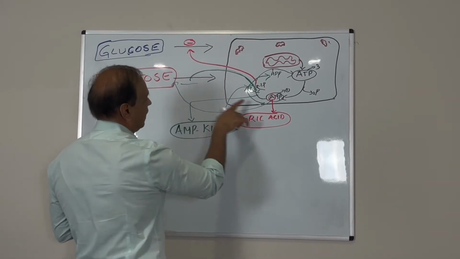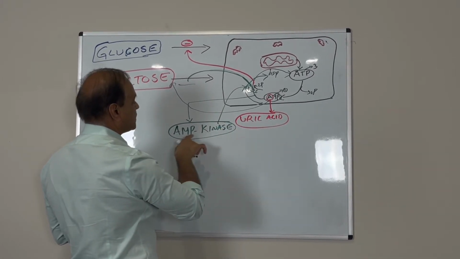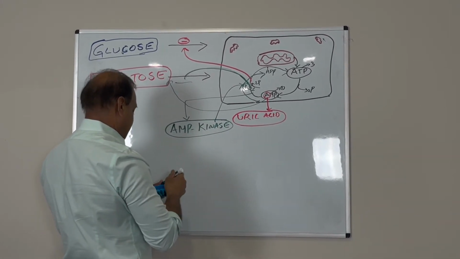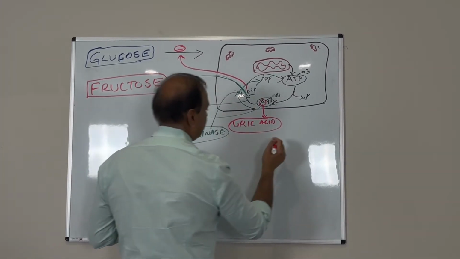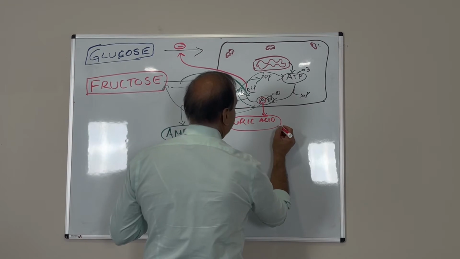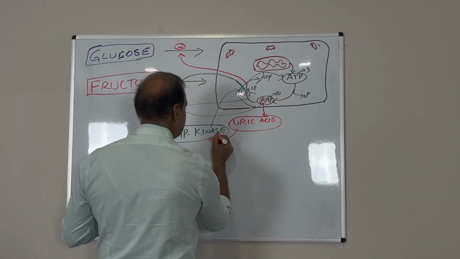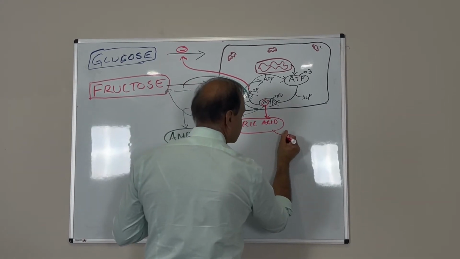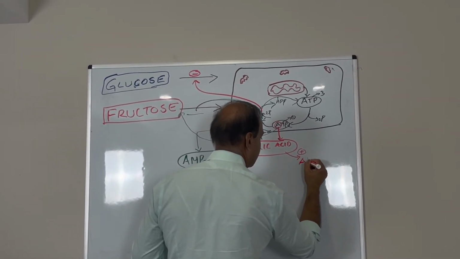So fructose coming to uric acid stops AMP kinase, and it goes in a different pathway. So it blocks this, and then it favors something called AMPD.